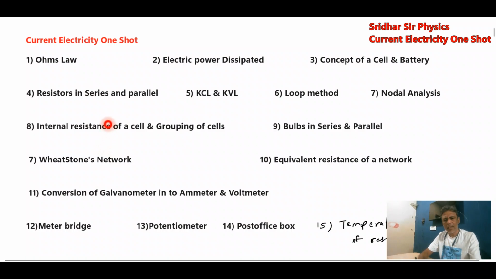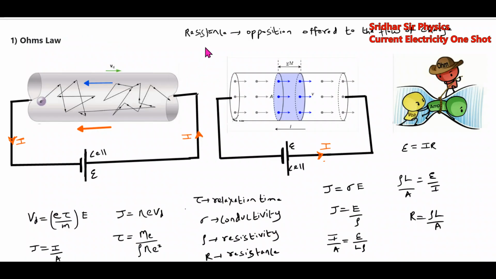Okay, we'll start now. Kids, first, what is electrical resistance? It's the opposition offered to the flow of charge by the material of a conductor. So what is a conductor? A conductor contains free electrons which move randomly with very high speed.